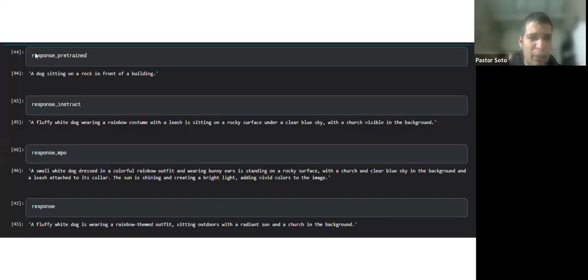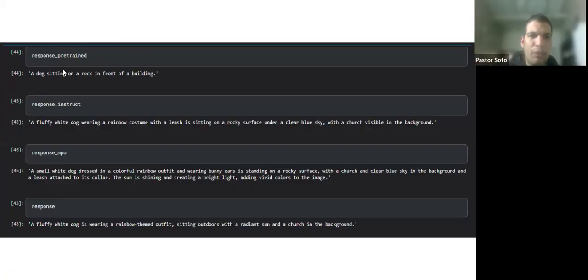I prepared this type of response so we can understand what the differences are. You see we have four different types of response based on the different models or the different stages that they provide, and you will understand that more in a bit.